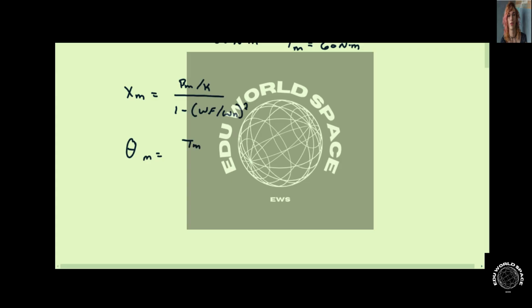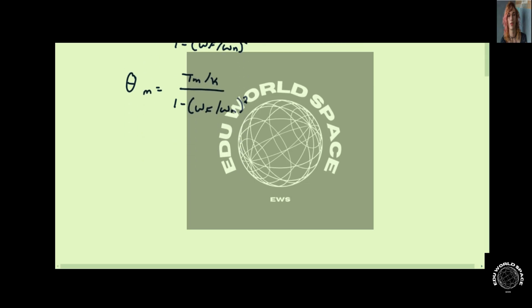It's Tm over 1 minus wf squared over wn squared. Okay. So now we can find the torsional spring constant, which is given to us as T over theta.